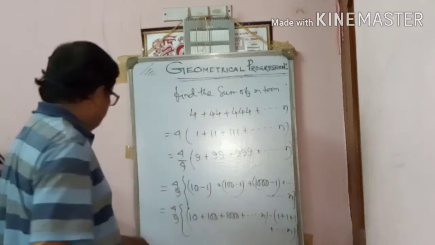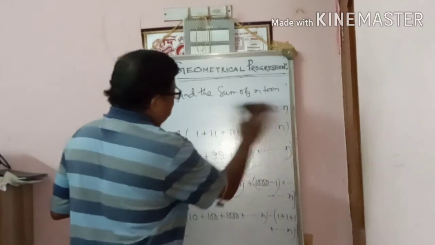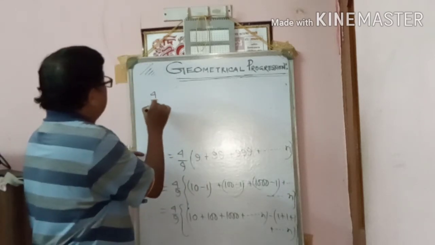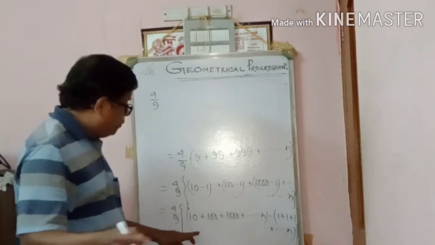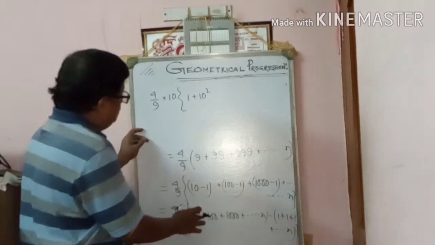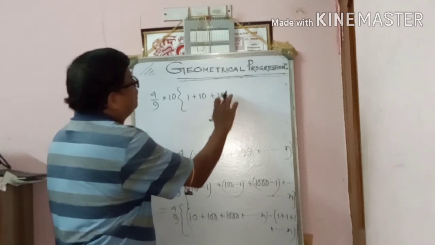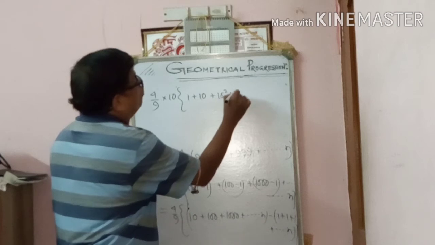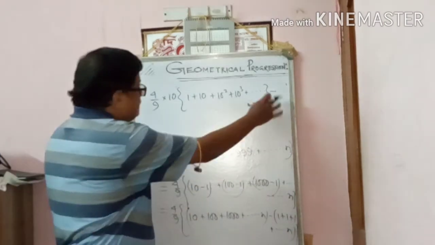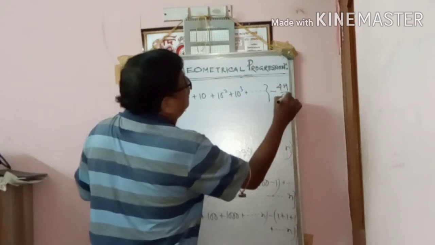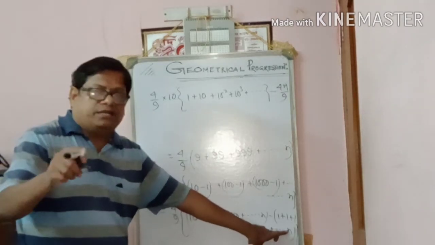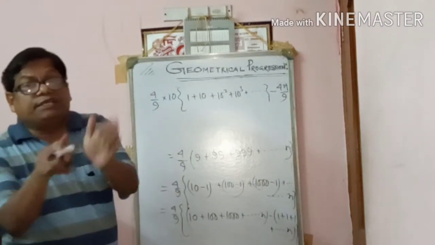Now look here, 4 by 9. From here you can take 10 common, so 1 plus 10 square, 10 cube, like that up to n terms, minus n, because 1 plus 1 plus 1 up to n is n.